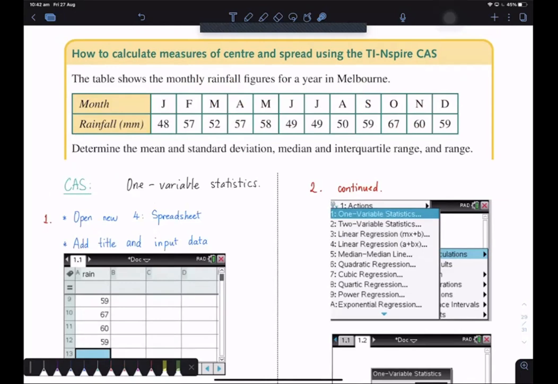Just by looking at the numbers here, you can see that the numbers are kind of low compared to the rest of the year for rainfall, but whatever. I'm not going to question it too much. They want us to determine the mean. So just a bit of transitivity analysis here. Determine is what we want to do. So that's our process.